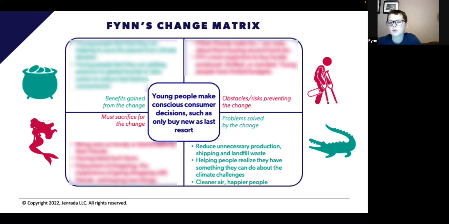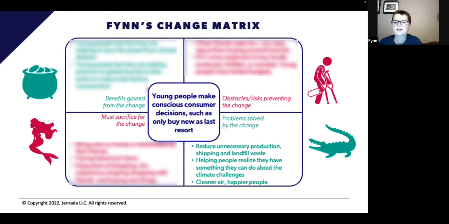So helping people make conscious consumer decisions is going to help here, because people will feel that they can make a difference. And after that, it's like a boulder rolling down a hill. It's just going to get better and better and better. So let's say you do this and you realize, oh, well, I can make different decisions. So you recycle more. And it just goes up and up in different changes.